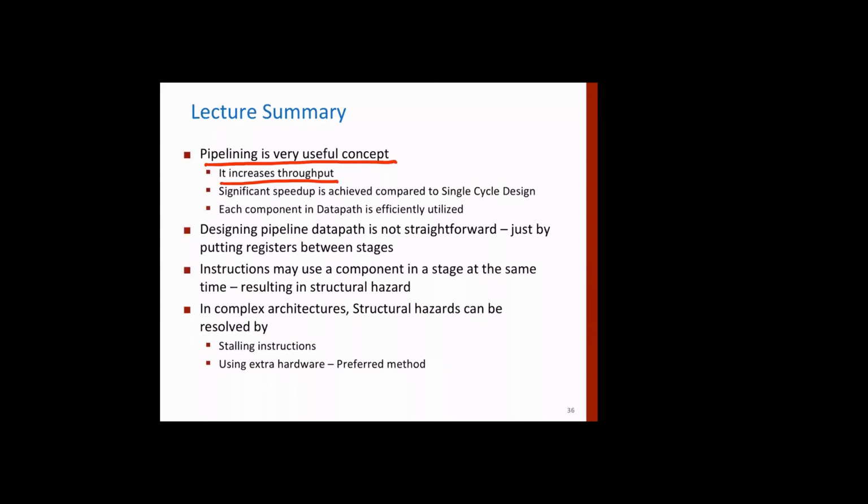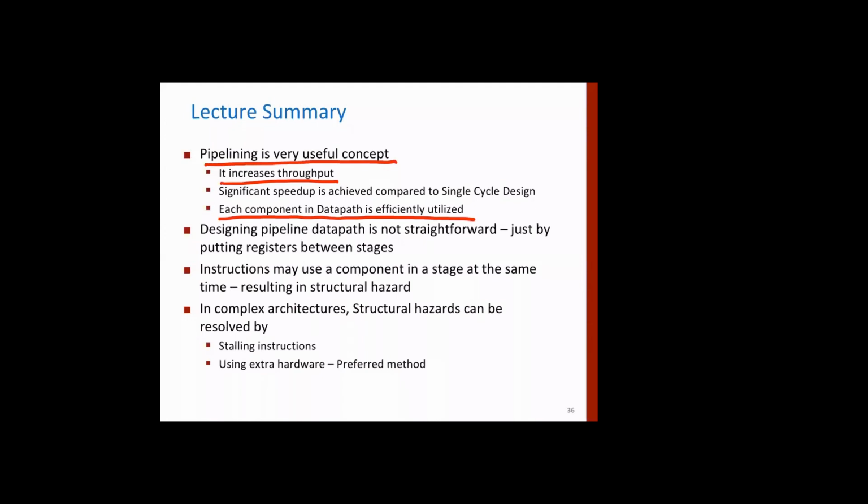Now the question you may ask is: why not, instead of five stages, make it 10 or 20 and increase the clock speed? That question we have answered in the last class, that it's often not possible to do it neatly without adding complexities. And second, the clock speed cannot be increased to such a high level because of power and heating issues. Now the beauty of this is that each component of the data path is efficiently utilized.